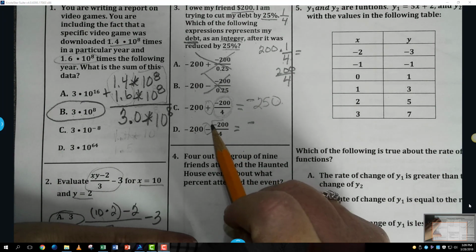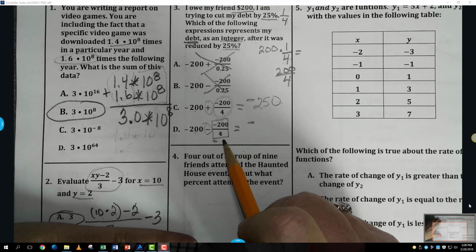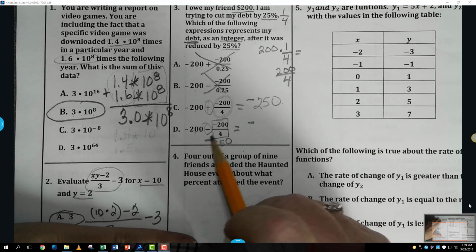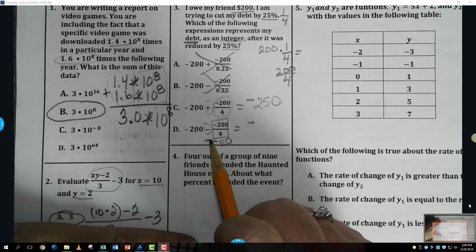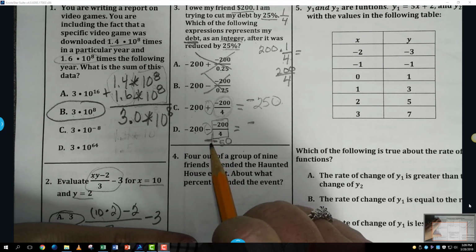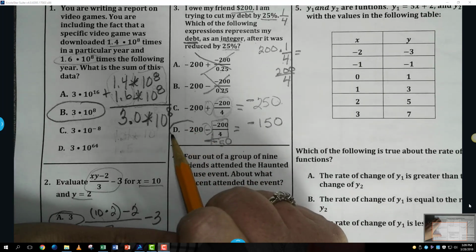However, if this is negative 50, sorry, and I subtract negative 50, well, really what I do when I subtract a negative is I add. So this is negative 200 plus 50. This would be negative 150. This is the representation.